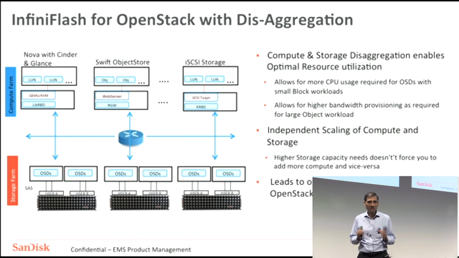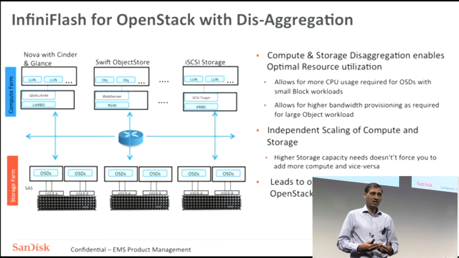For them, the key thing is that at a very large scale, all these customers are moving away from these hyper-converged nodes. They find that these converged nodes quickly become unbalanced based on their workload characteristics, right?